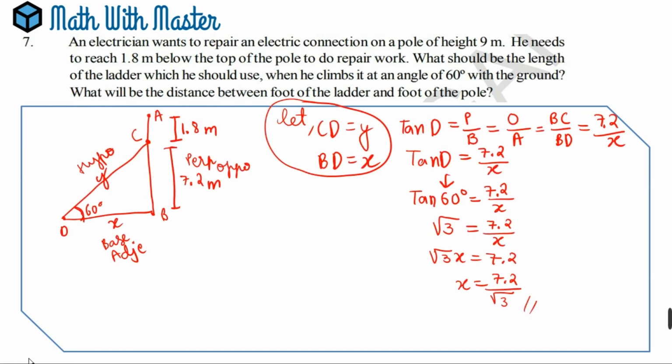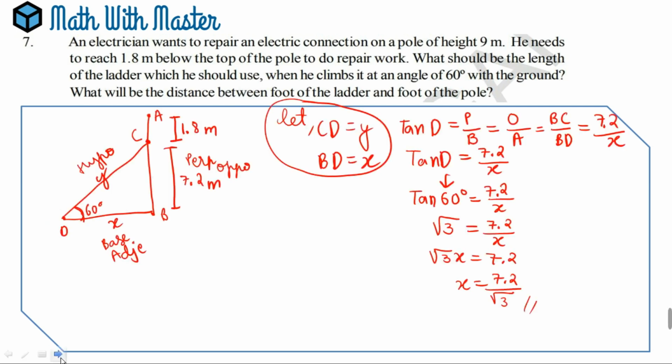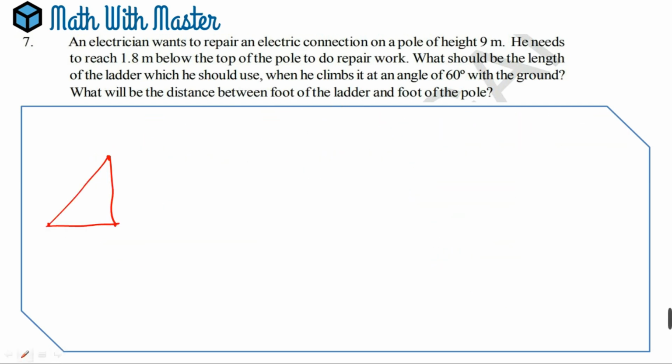So now here we have point A, point B, point C, point D with 60 degrees.